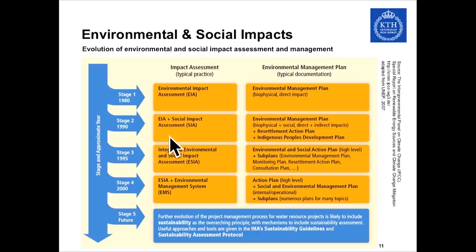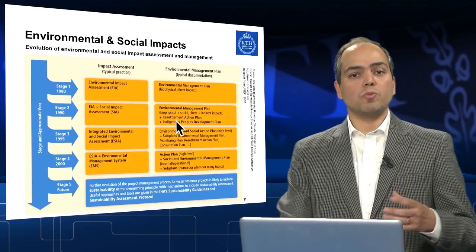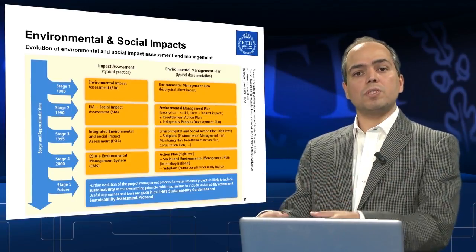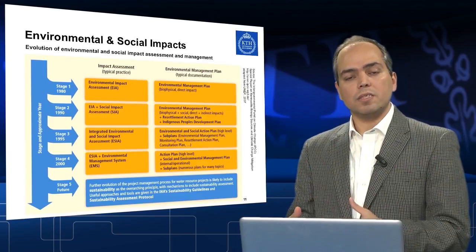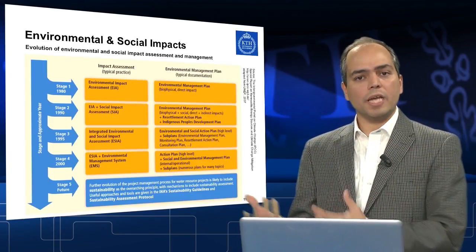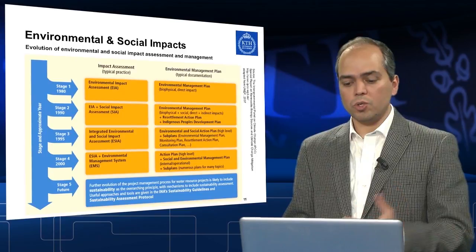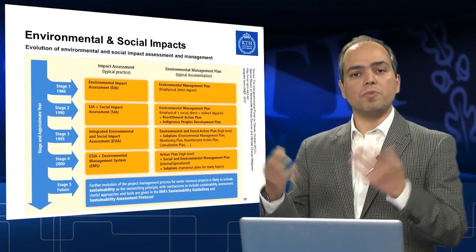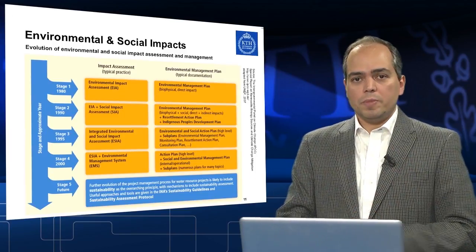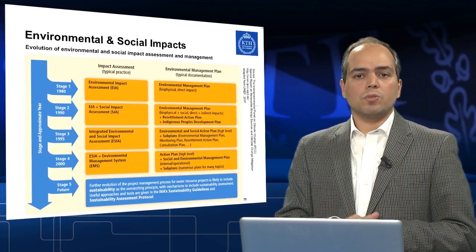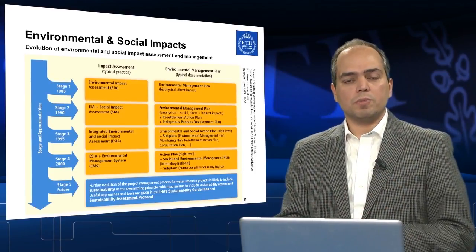In the late 1990s, the social impact came into consideration. So then it became the environmental impact assessment and social impact assessment. And then the resettlement action plans for those people who were previously settled in the reservoir area and had to be relocated out of it, because I showed you some photos of how a reservoir could be filled with water, and millions of hectares of earth could just be submerged.